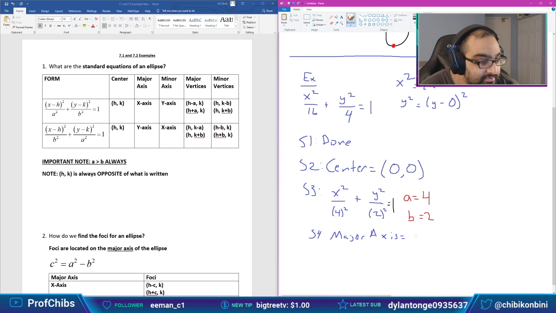That's correct. So the answer is definitely the x-axis. I completely agree. 16 is underneath the x. So that's our major axis. Perfect. Easy peasy lemon squeezy. That means by default here, our minor axis, as a result, is going to be our y-axis, since that's just its respective counterpart.